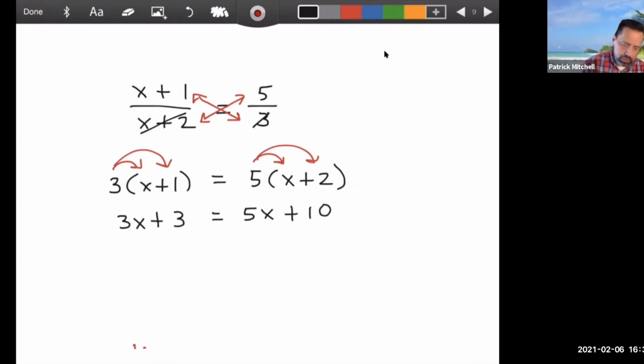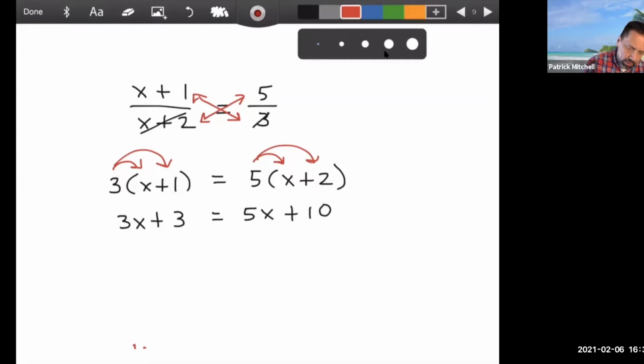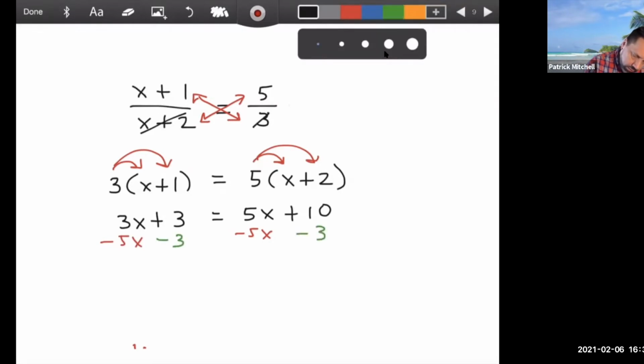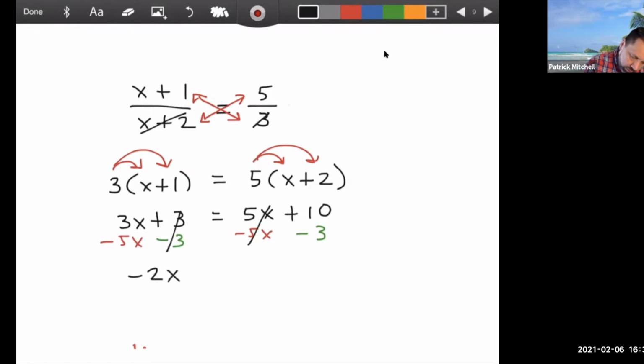And because it's a linear equation, we're going to put all of our x's on one side, let's say the left side, and we're going to put all of our numbers on the other side. And that's going to give us negative 2x equals 7, which means, I guess we should call it the possible solution of this equation is x equals negative 7/2.